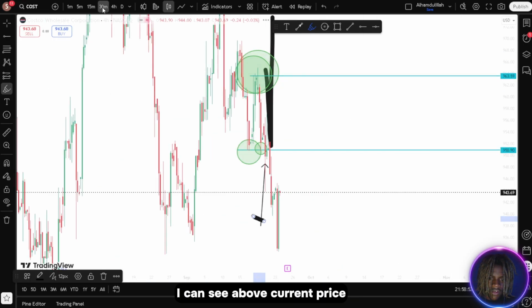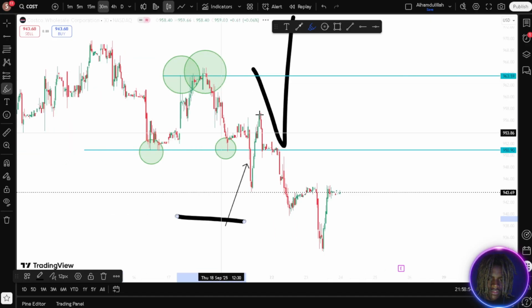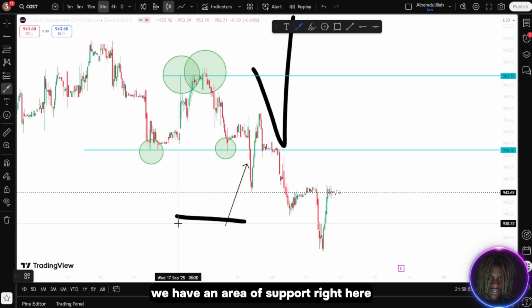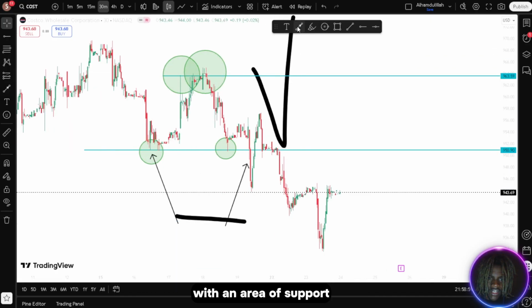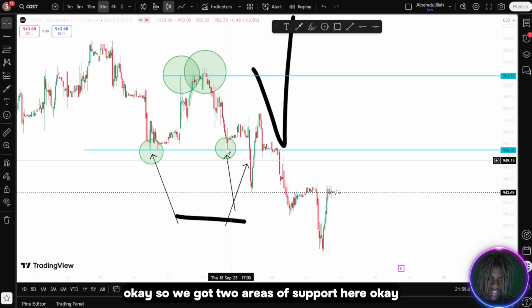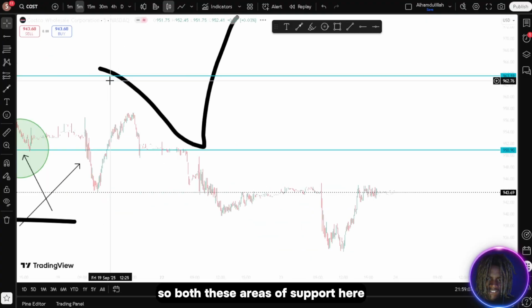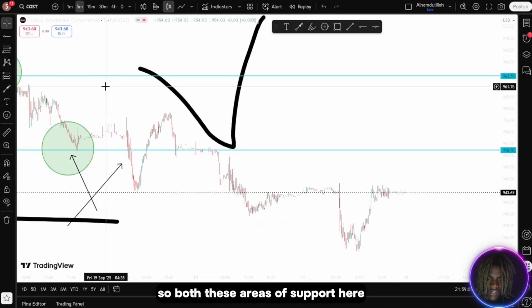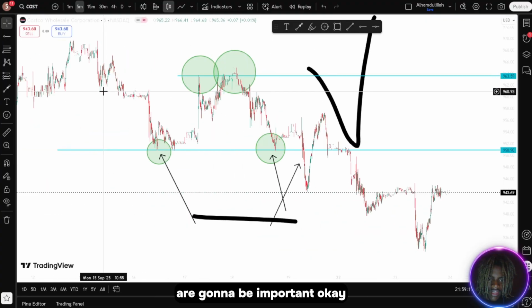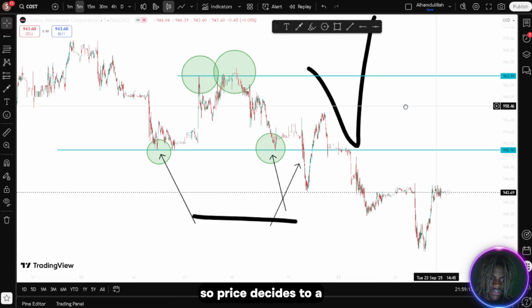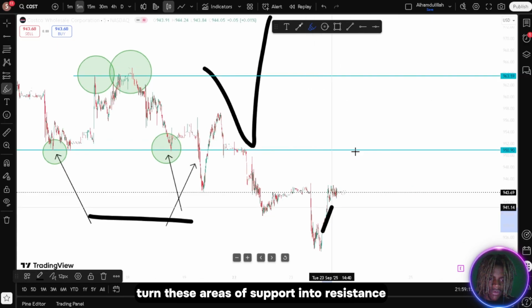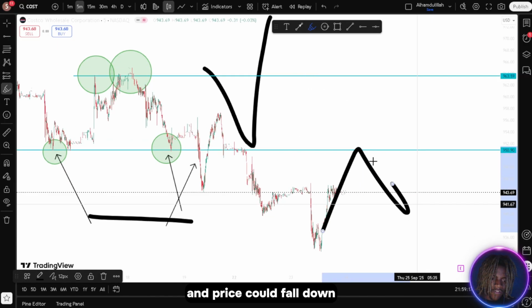Same thing right here on Costco. I could see above current price, we have an area of support right here, with another area of support. So we got two areas of support here, and both of these are going to be important. If price decides to turn these areas of support into resistance, then price could fall down.